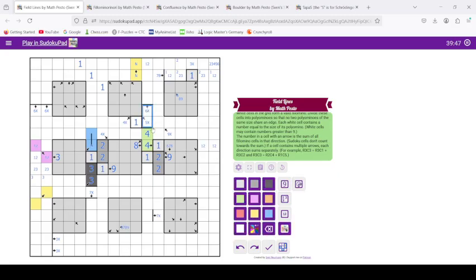This is most likely going to be the same as this one. This one could do that. 1, 2, 3, 4, 5, 6, 7. This would have to be the same as that. Or it goes here.